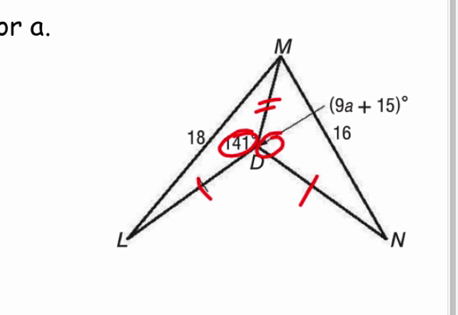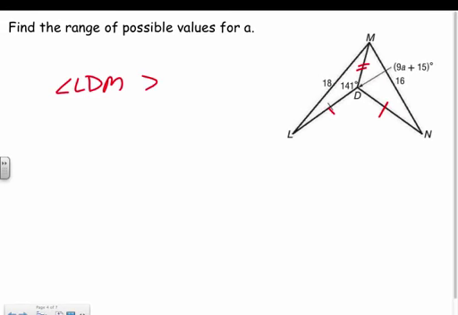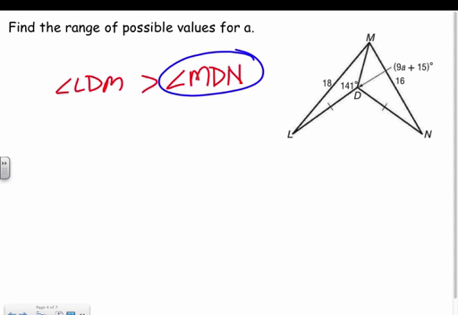Well, I know that this angle 141, or angle LDM, is going to be greater than the other one, angle MDN, because the side opposite, 18, is bigger than the side opposite, 16. So knowing that, I know that angle MDN here is going to be less than 141, isn't it? It has to be less than 141 because I know it's smaller than that angle.